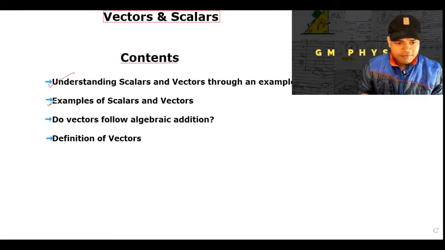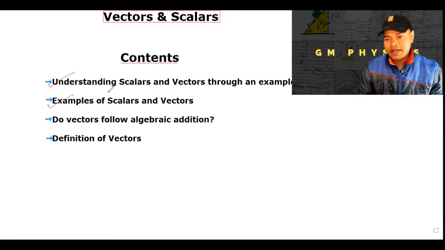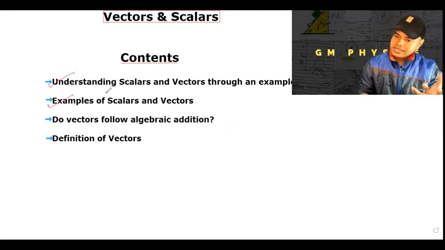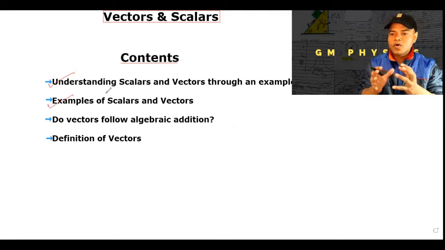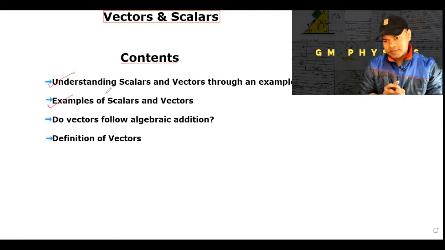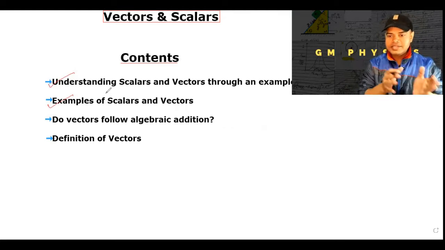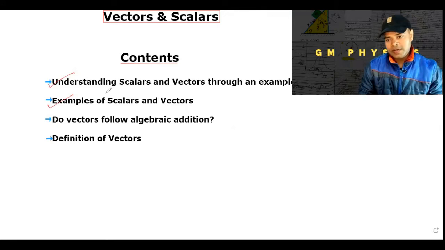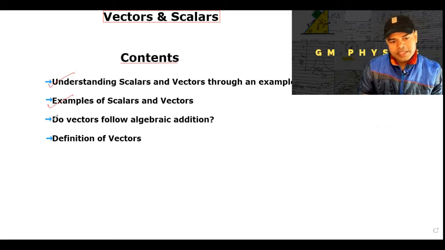Then we'll have examples of scalars and vectors. We'll take another example, look at some physical quantities related to that example, and classify them under scalars and vectors based on what we saw in the previous discussion. Then we'll see, do vectors follow algebraic addition?